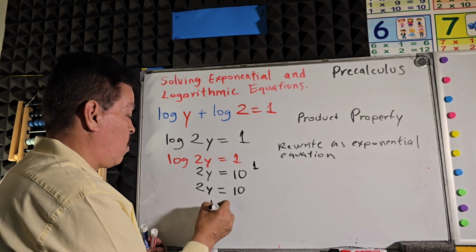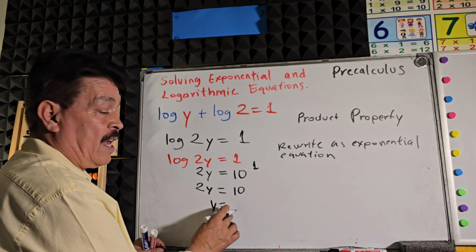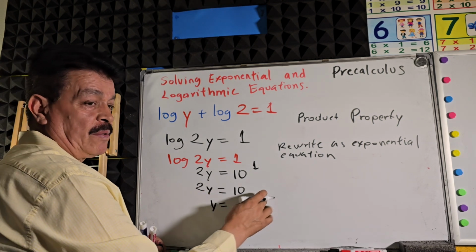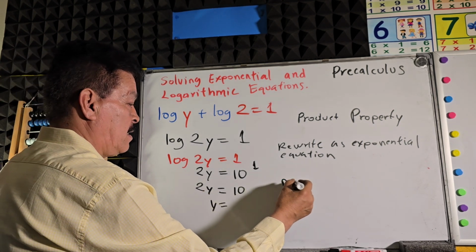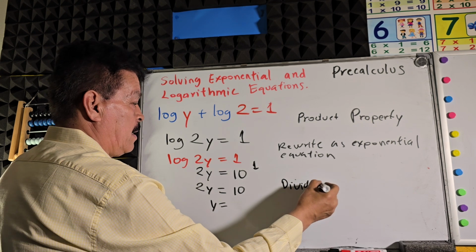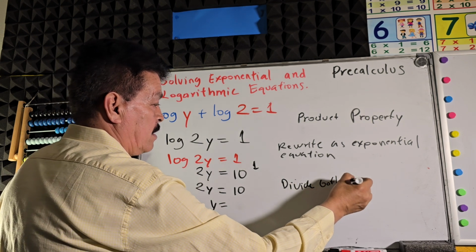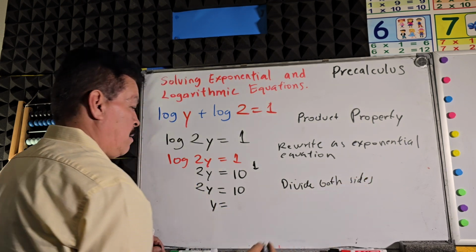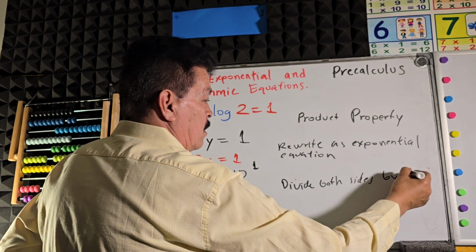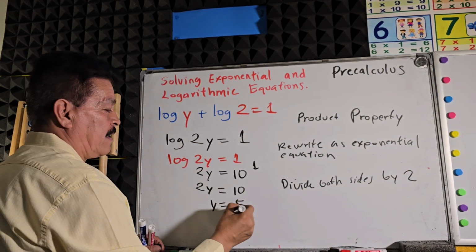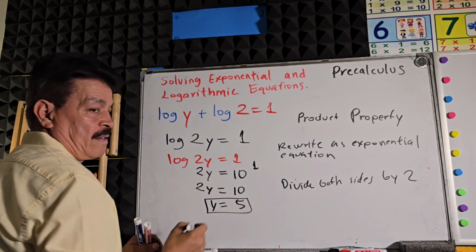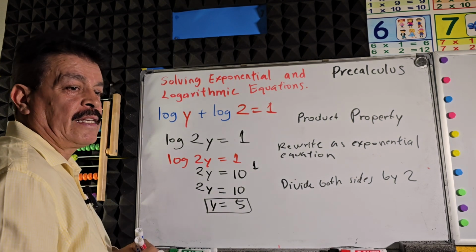Now divide both sides by 2, and we will have 5. So y equals 5.